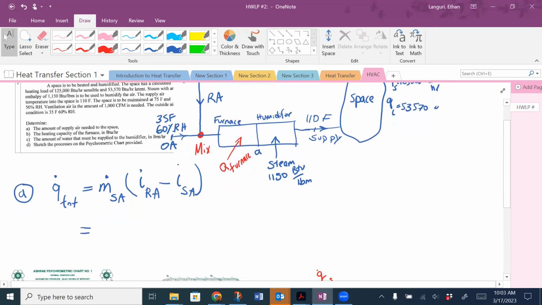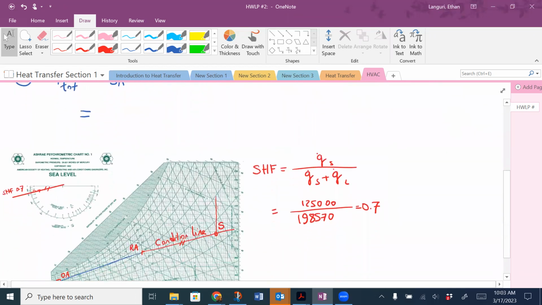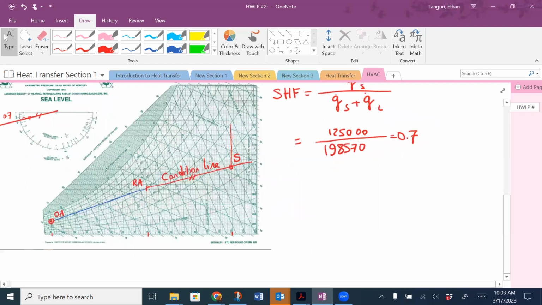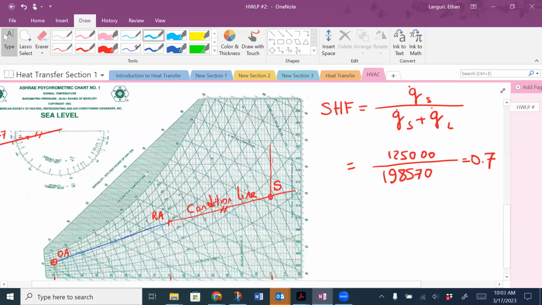Now let's go ahead and find those enthalpies on this chart here. We know that enthalpy lines are along these constant enthalpy lines. So for example, on this supply, if I follow my supply line here along this, if I do my job well, I have a number close to 40.